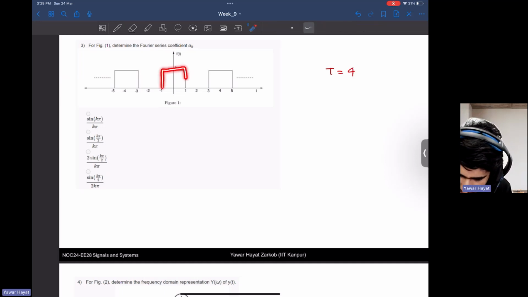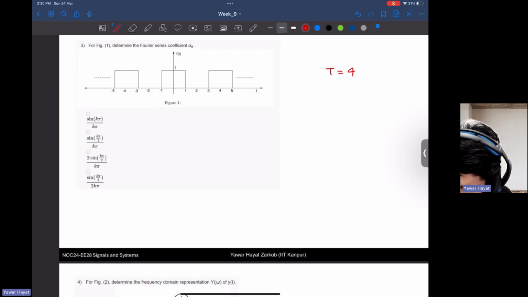Starts here and then it repeats. This point, this point, same. Similarly, this point, this point, and this point, same. So now that we know that this is a periodic signal, it can be expressed in terms of Fourier series representation.